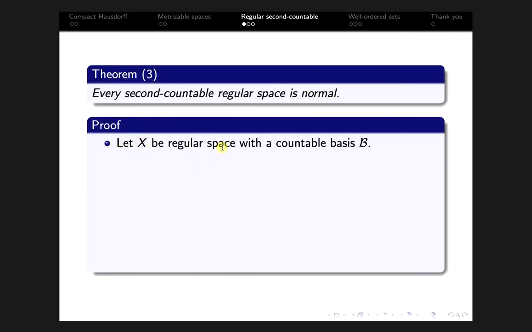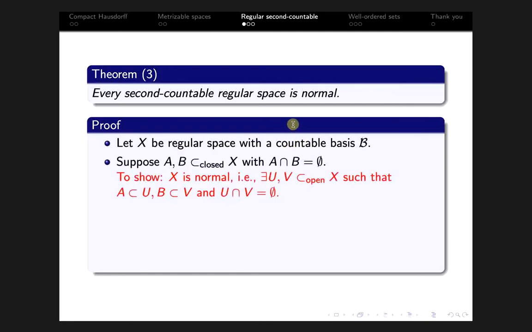X is a regular space with a countable basis, that is regular and second countable. Second countable, that's why it has a countable basis. So our assumption is X is regular with a countable basis, script B. So we have to prove X is normal.